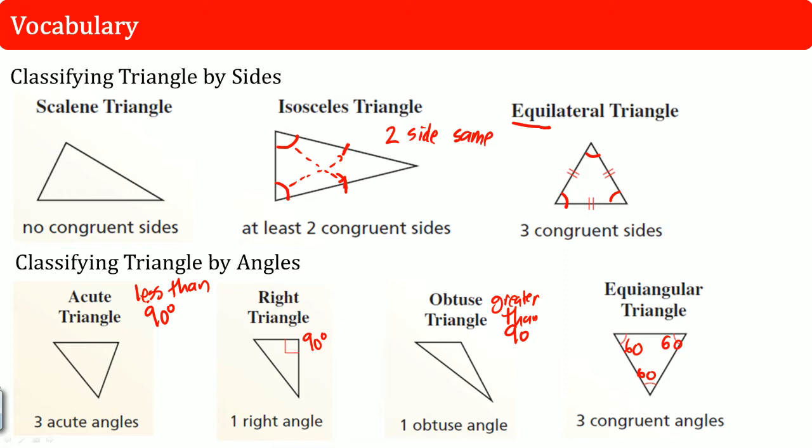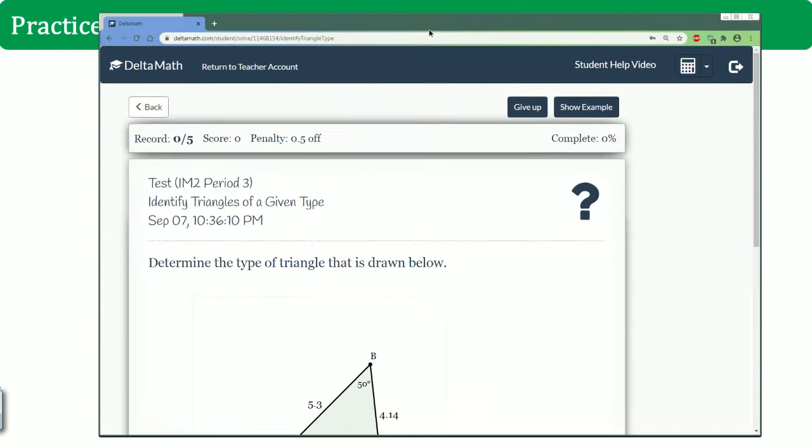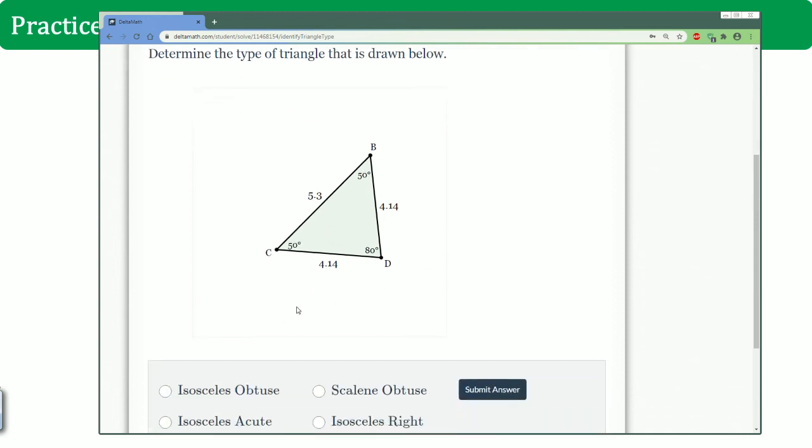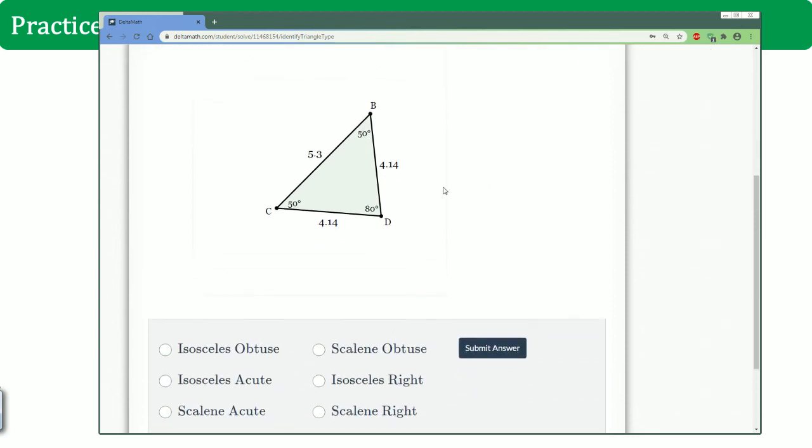So let's see how we do it now in Delta Math. In Delta Math, you are going to be given a problem asking to identify the triangle. In this case, we have all these different options. We saw that this is 414, 414, so these two are congruent.